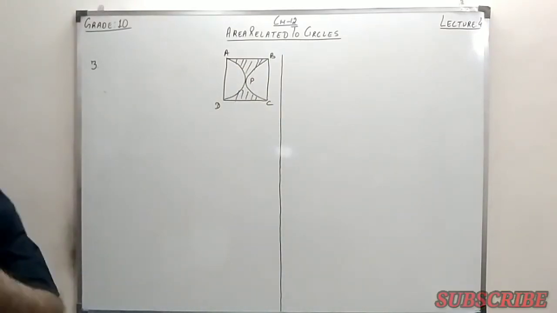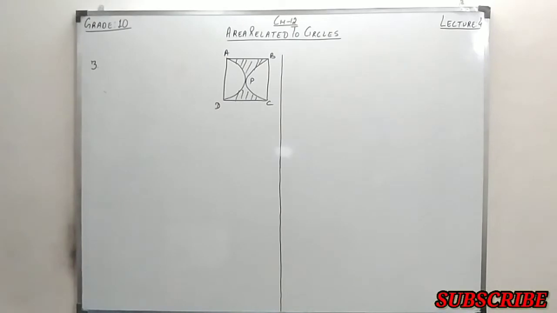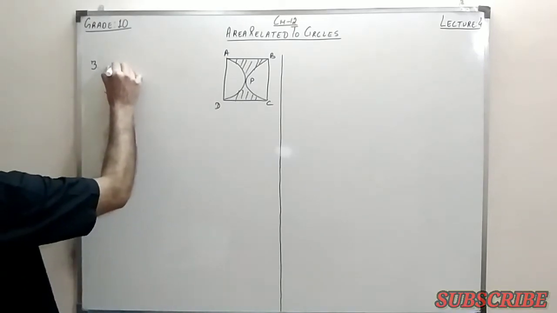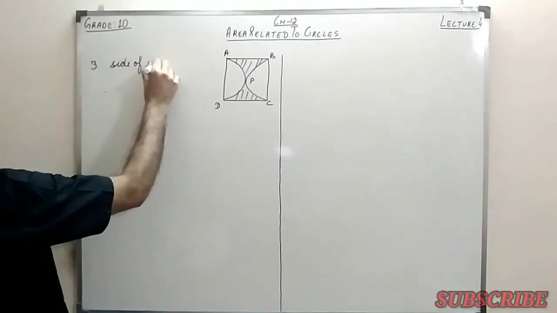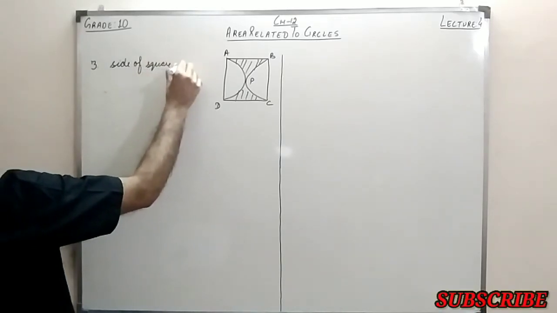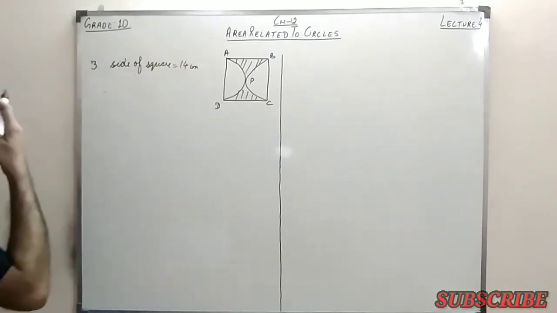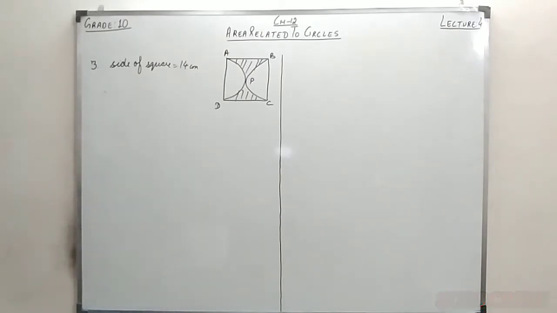In this question, what is given to us? The side of the square is given to us as 14 centimeter. Now, if you see carefully, whatever is the side of the square, that is basically the diameter of the semicircle also.